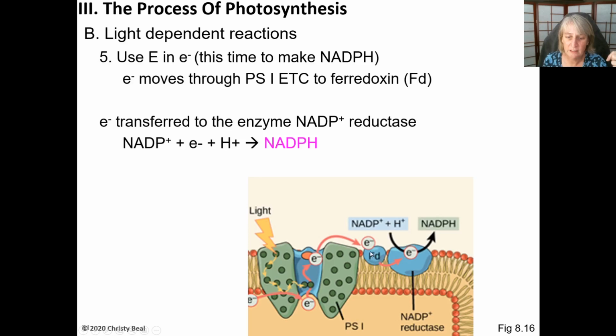This ferredoxin here, I want to sidestep a little bit. You can call it just FD for now. This is one of the earliest evolved proteins in this entire story. Ferredoxin has iron in it. It has a cofactor of iron. Iron is really a good catalyst.